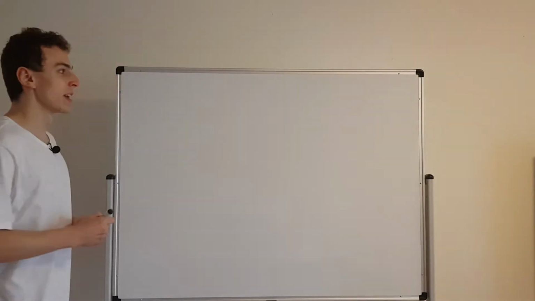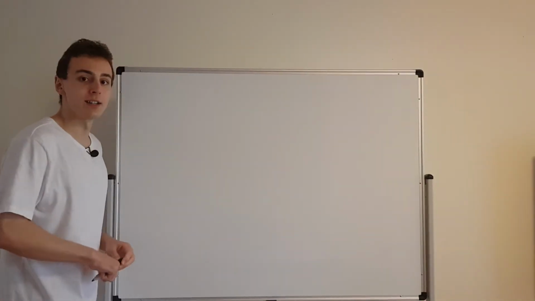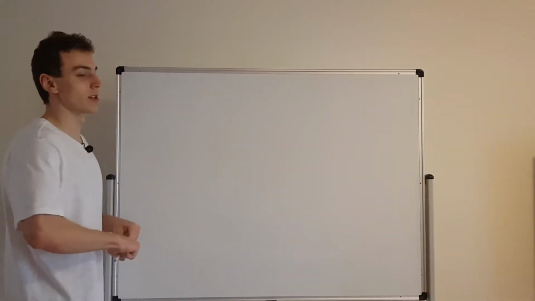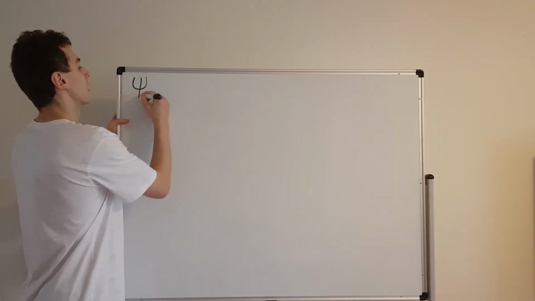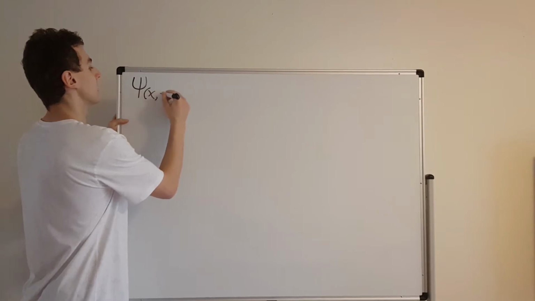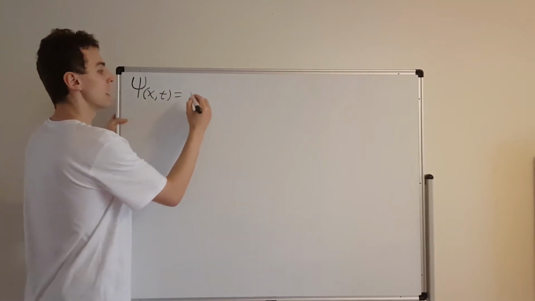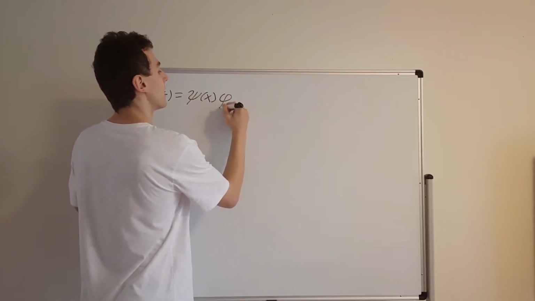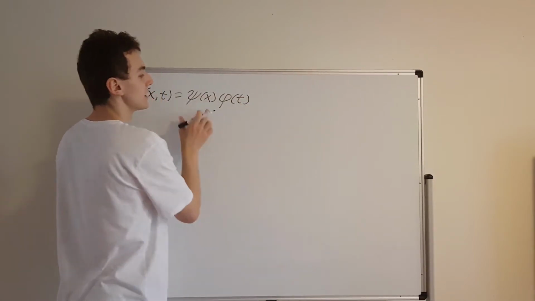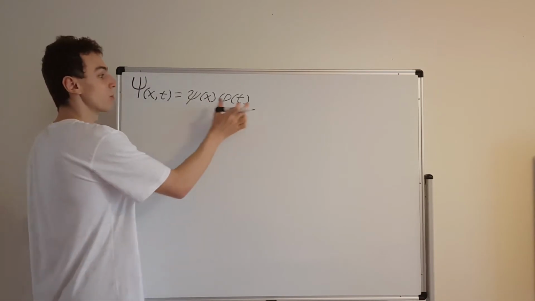So first of all, let's have a look at what we managed to find by solving with the method of separation of variables. So we found solutions of this form. So psi of x and t is equal to little psi of x times phi of t. So this is, by definition, a separable solution.